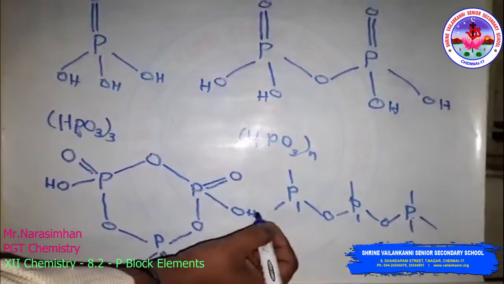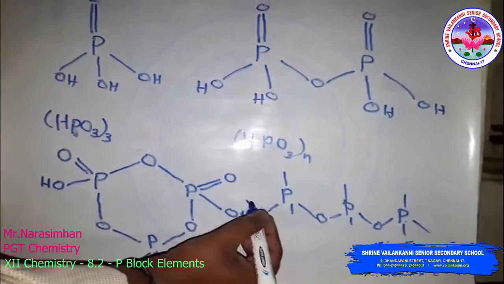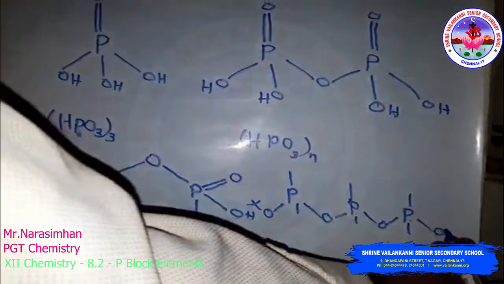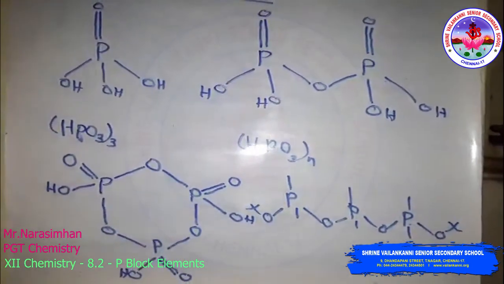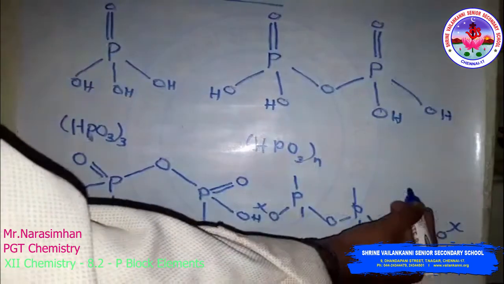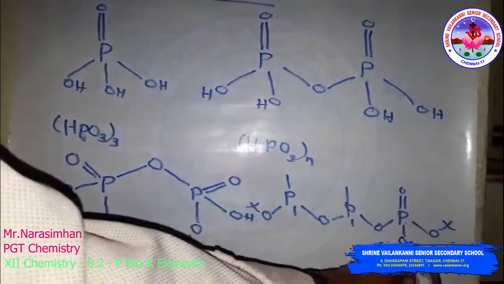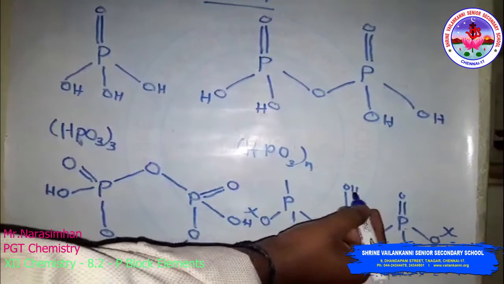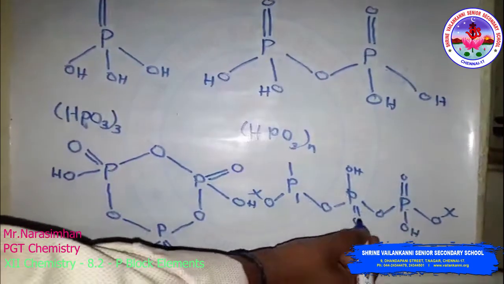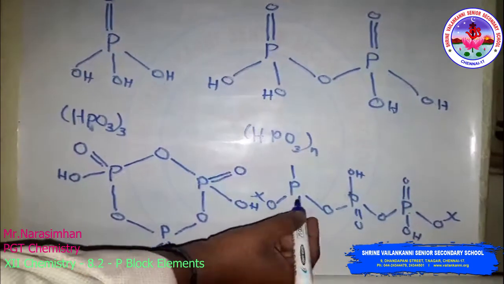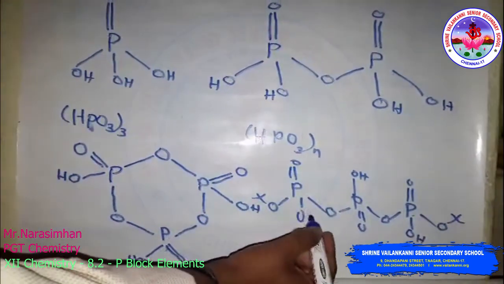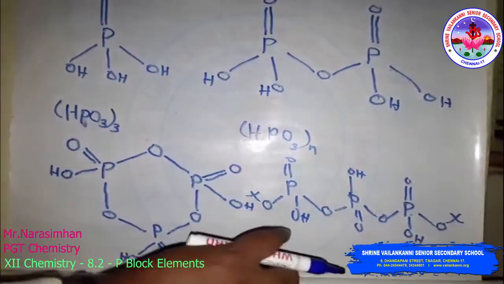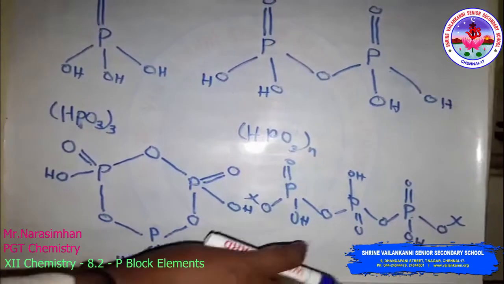Then oxygen, this n times, so that's going on. Here also the n times going on like this. Then one double bond O put here and one OH here, one OH, double bond O. So here also the same way, double bond O and OH. So this is called polymetaphosphoric acid.